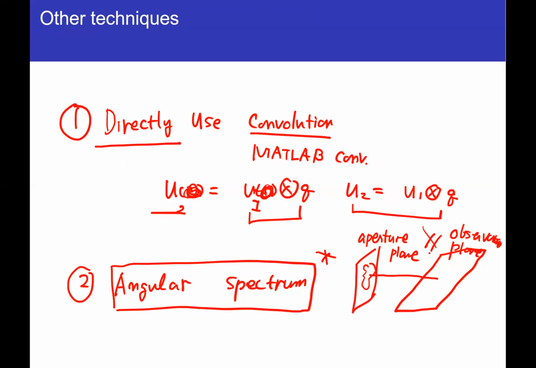And then you just collect them at the observation plane. That is the way. If you look for the angular spectrum method, there are many commercially available products for it, and you can find them on the web.